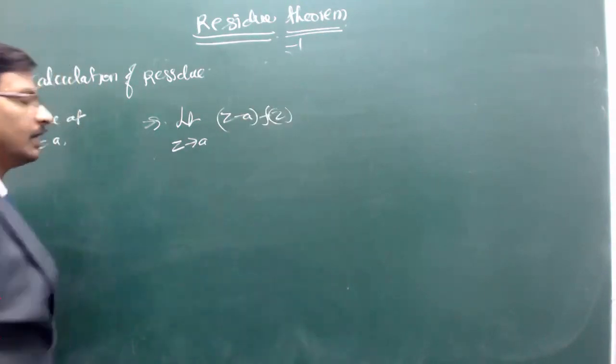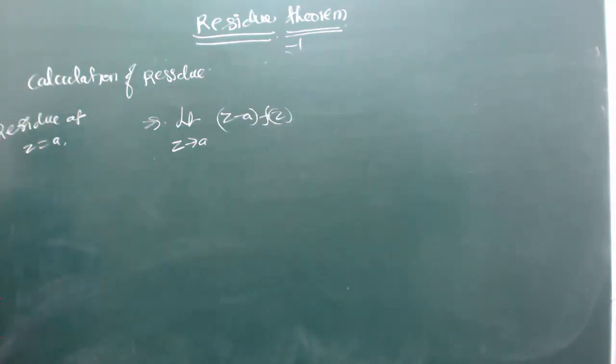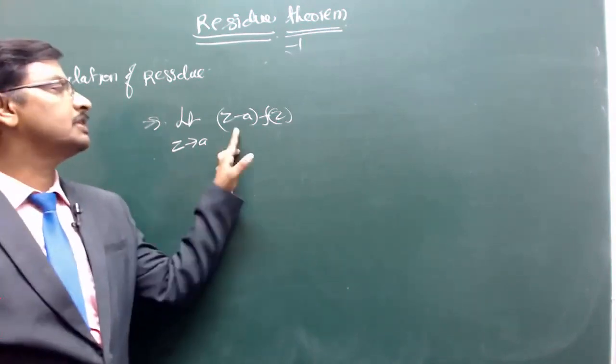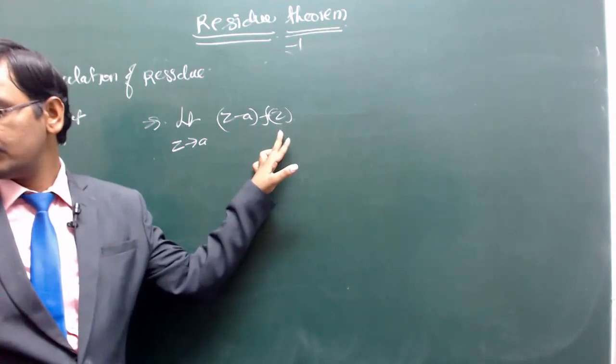This is the way we calculate the residue. Got it? Limit z tends to a, z minus a into f of z.